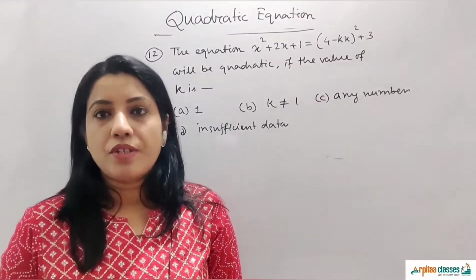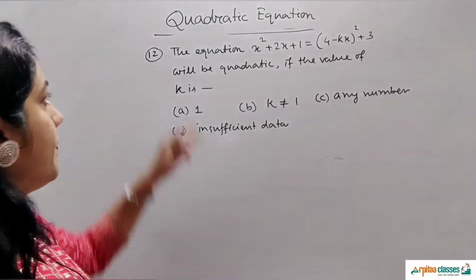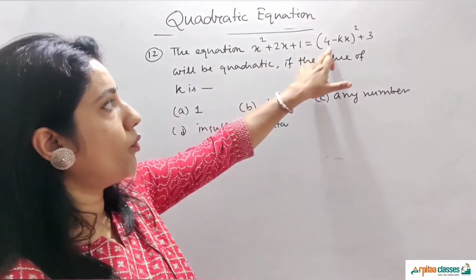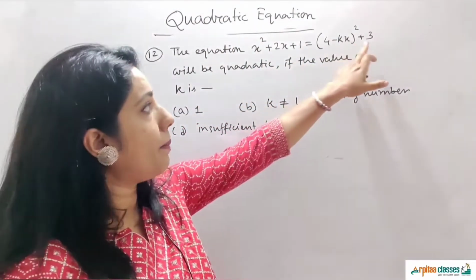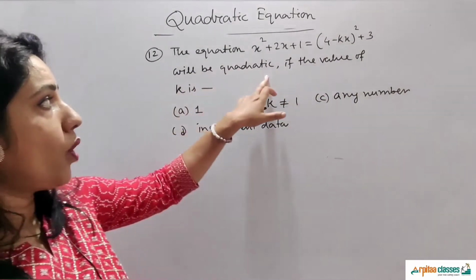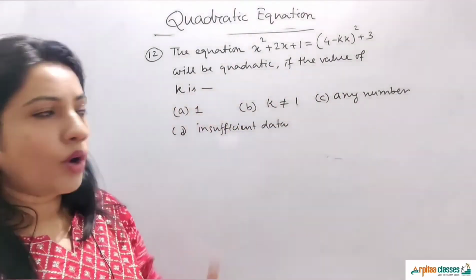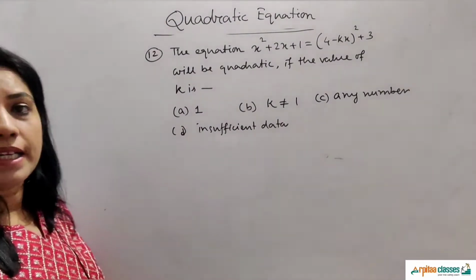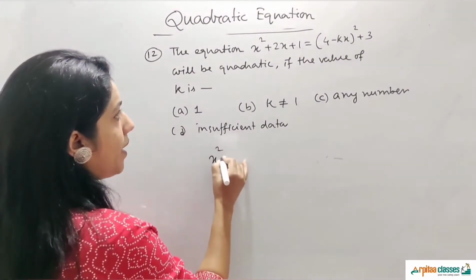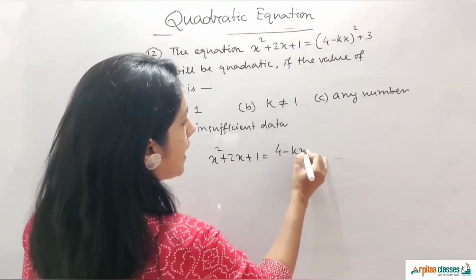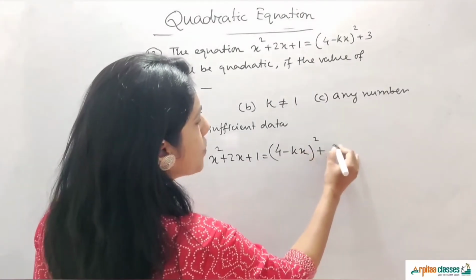So we have come to question number 12, and question number 12 says the equation x square plus 2x plus 1 is equal to 4 minus kx the whole square plus 3 will be a quadratic equation if the value of k is. You have your options. So let us start this. x square plus 2x plus 1 is equal to 4 minus kx the whole square plus 3.